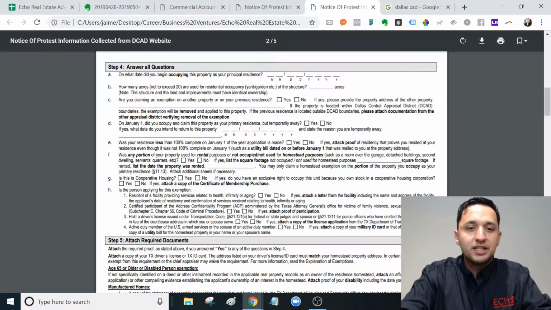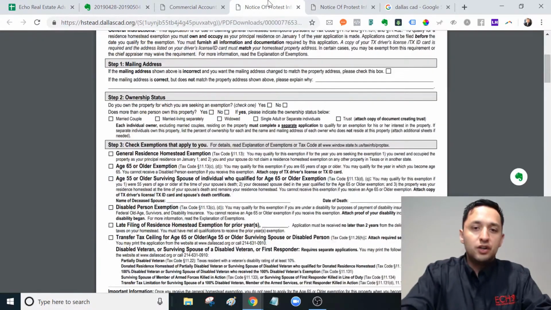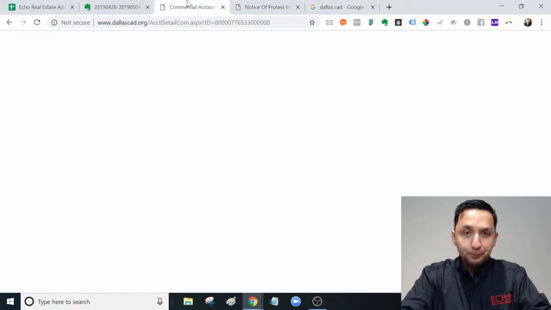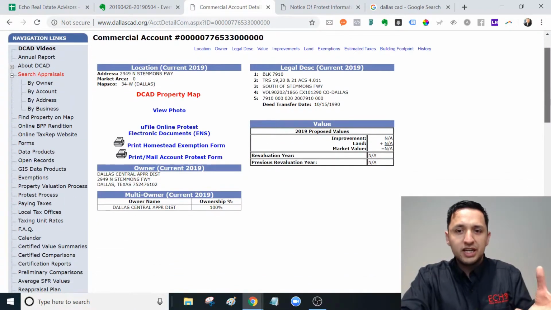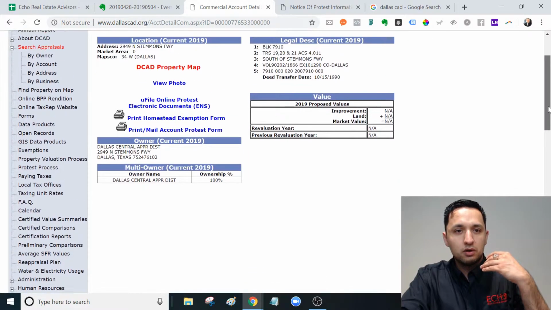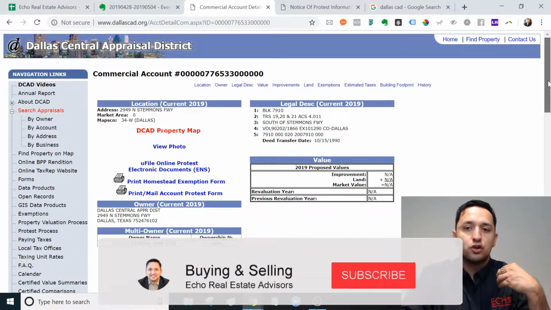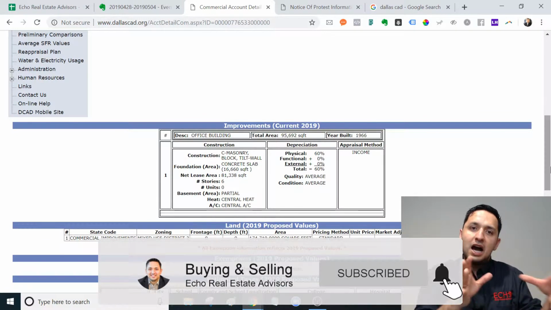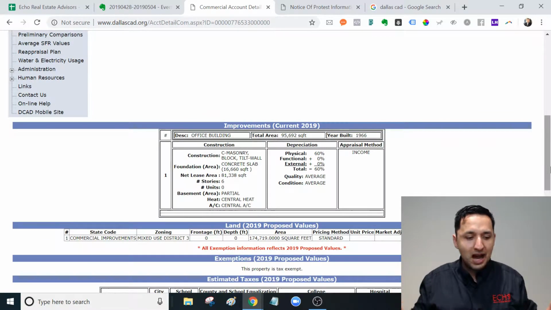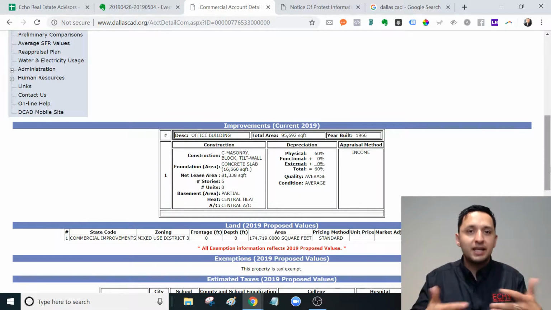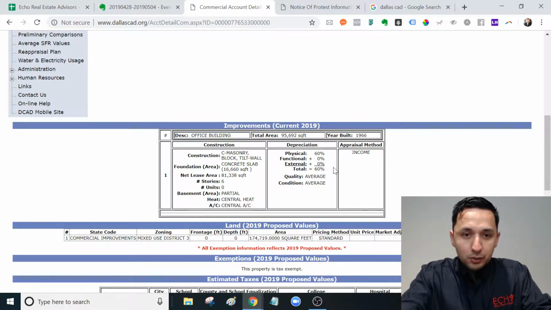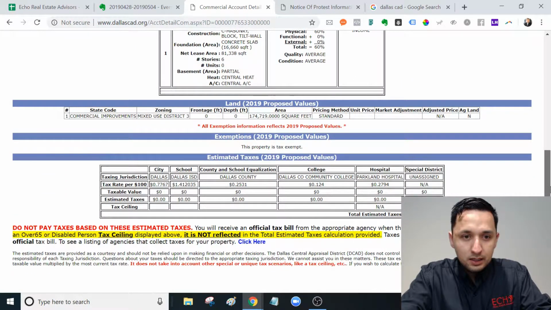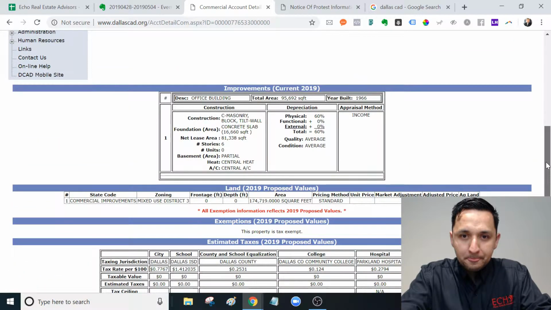How many acres, not to exceed 20, are used for the residential occupancy of the structure? You will have a general understanding of how large your lot is, not how big the home is, but how big the land is that your improvement, i.e. your home, is on. So we're going to look at total area.